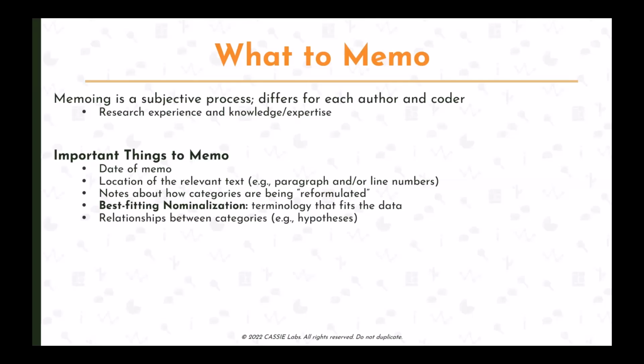But you may also have an idea of what that relationship is. And you may say, like, high levels of self-efficacy in science are going to make folks feel more like a researcher. That's a hypothesis, not a question.